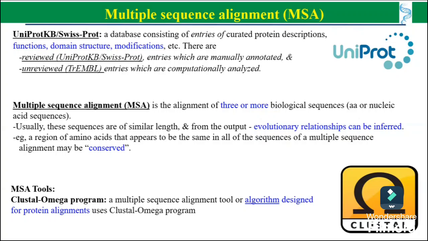As we understand, these tools have a built-in algorithm which is designed for protein alignments. So rather than learning how to use a programming language, writing the commands, and then doing the MSA, here you simply copy the sequences that you want to align, paste them in the search box, and click submit, and the built-in tool will do all the work for you.